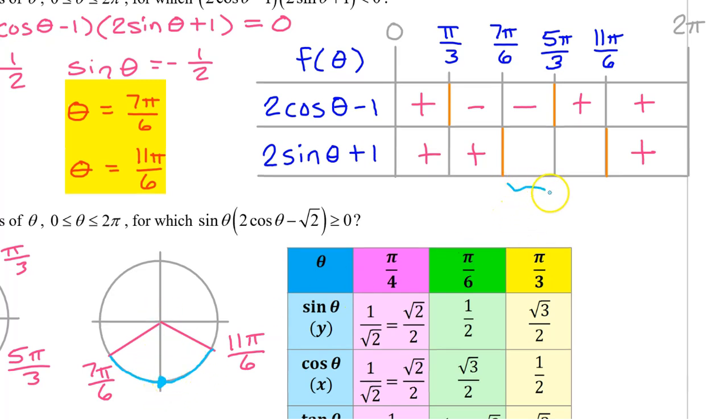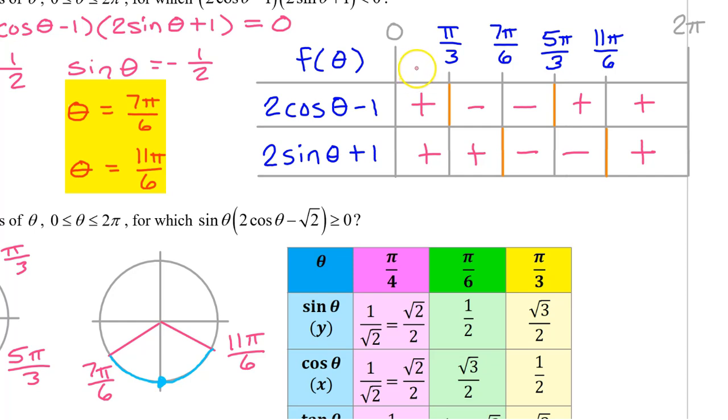So as I'm checking this interval, I'm using 3 pi over 2 as a test value. Sine is the y value on the unit circle, and right here the y value is negative 1. So if I plug in 3 pi over 2, I get negative 1. 2 times negative 1 is negative 2, plus 1 is negative 1. So this factor is negative in this interval.